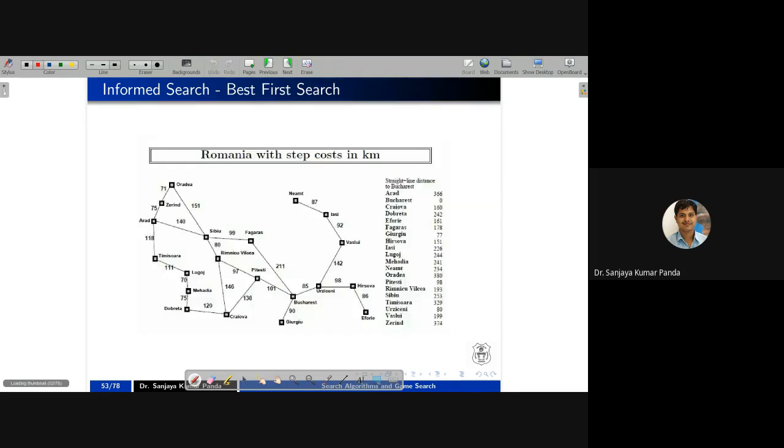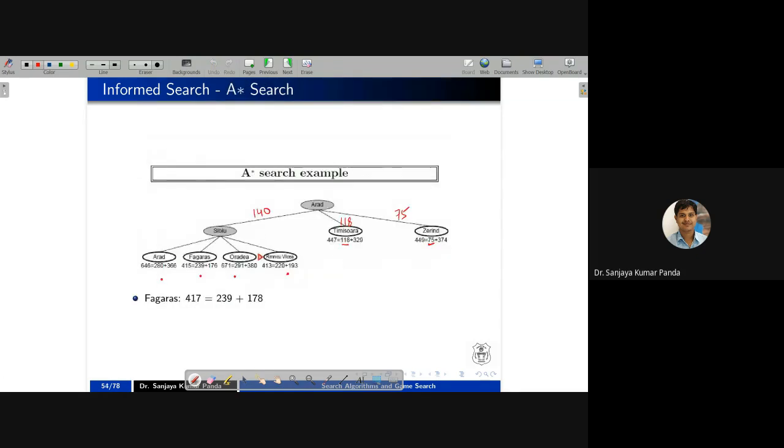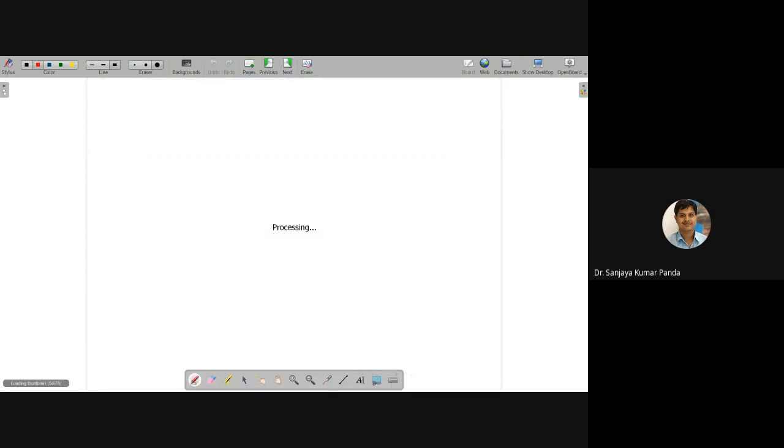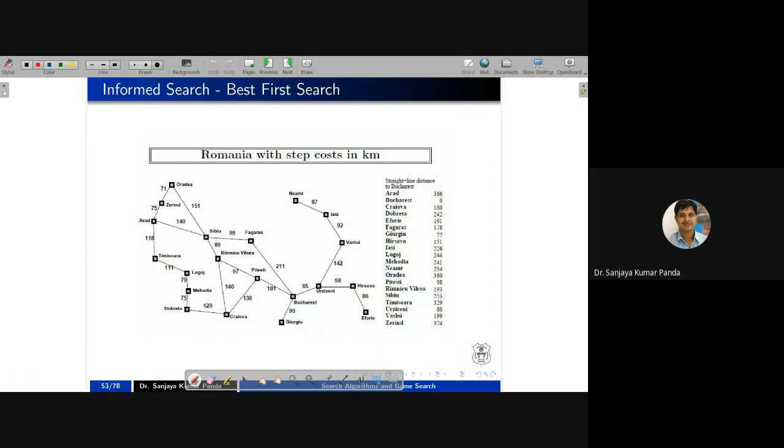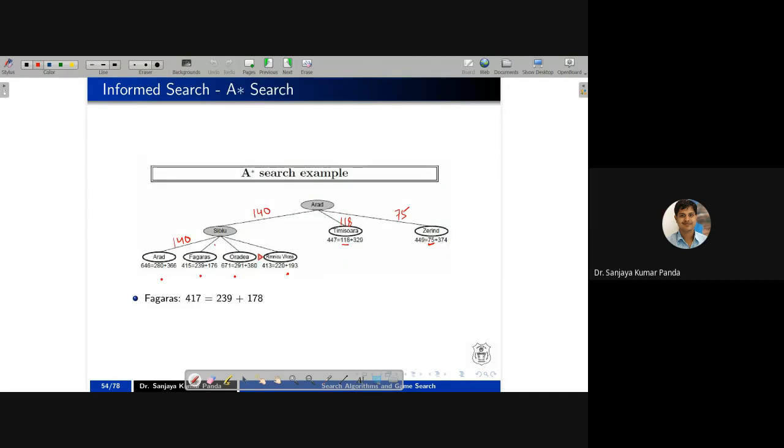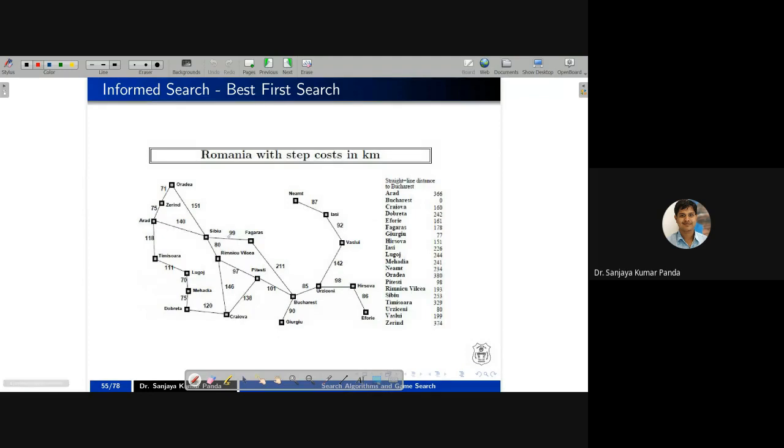Now what will we do? S to A, what is the cost? Again 140, because this is 140 and this is another 140. S to F, the cost is 99. S to O, it is 151.